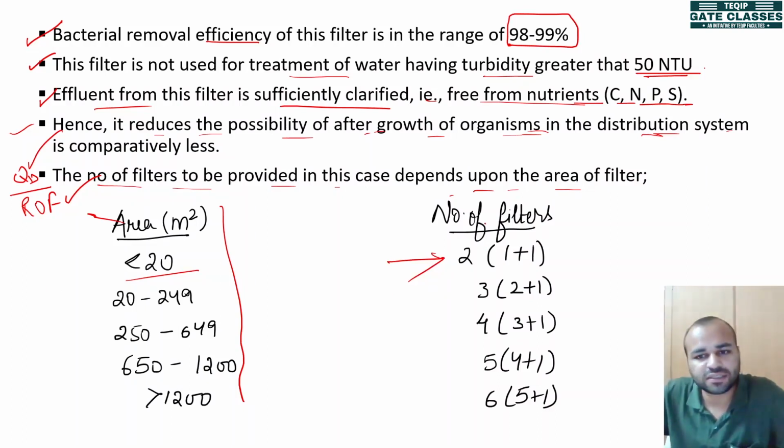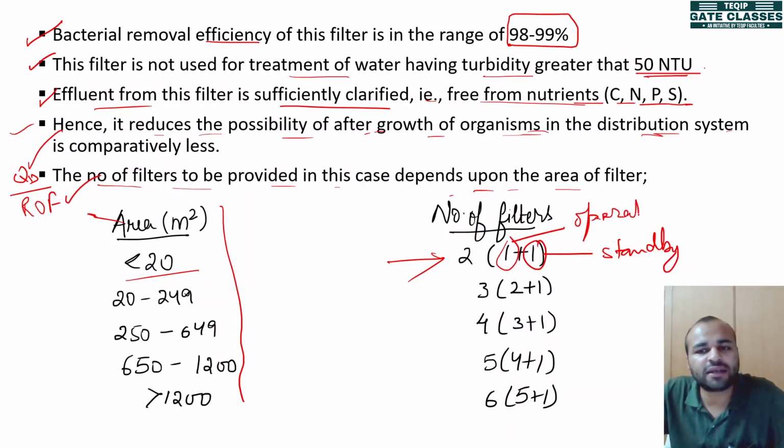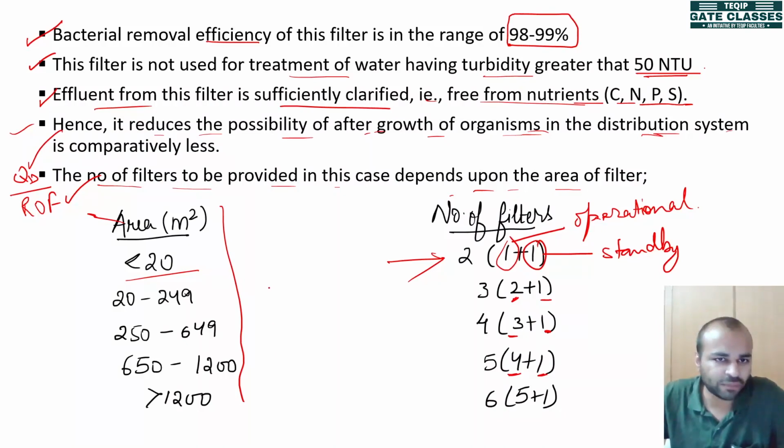Why two filters? One filter is for working, for operation, and the second one is required for standby. In each example, that's why I have bifurcated as operational and standby. So this is a table, just have a brief idea about it. You don't need to memorize it.